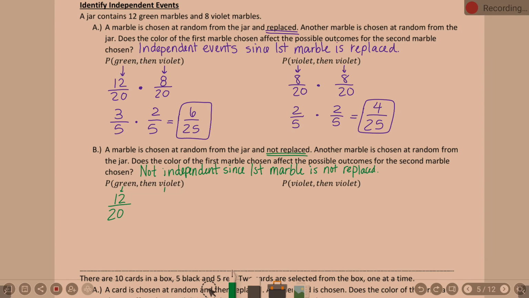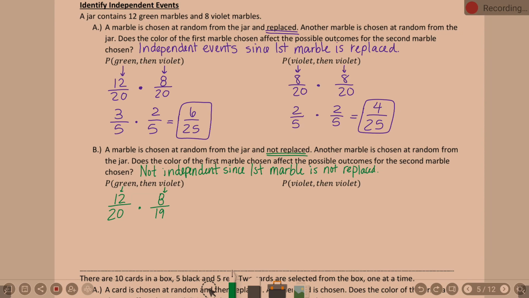Now, probability of a violet marble. 8/19. The first marble was green, that's what they're asking us. We didn't put it back. So, instead of there being 20 marbles, there are now 19 marbles. We're going to assume that first marble was green, though. And so all the violet are there, and so this is 8 out of 19. You are still multiplying because it's two separate events.